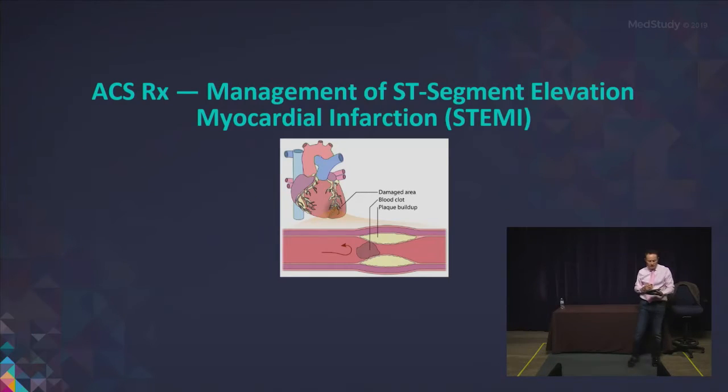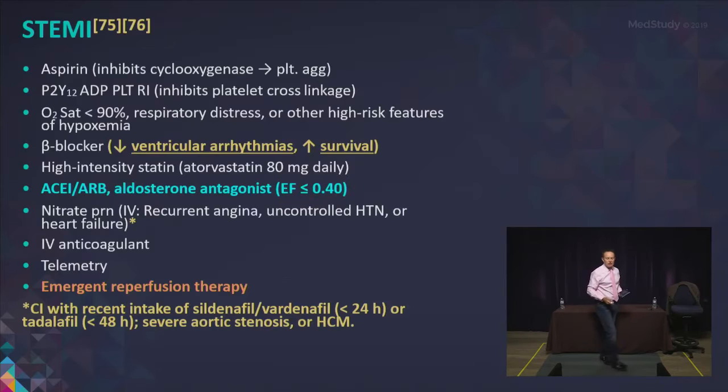Very good. Now let's talk about treatment of STEMI. You can't take a pill and be better with STEMI. Remember, this is complete occlusion, as you can see there. So for STEMI, our checklist when they first hit with the STEMI is pretty similar, except beta blockers are really, really beneficial in STEMI.